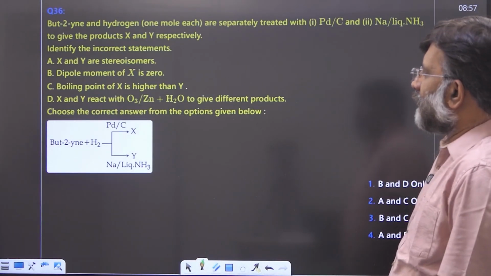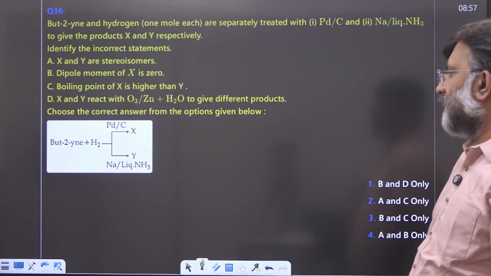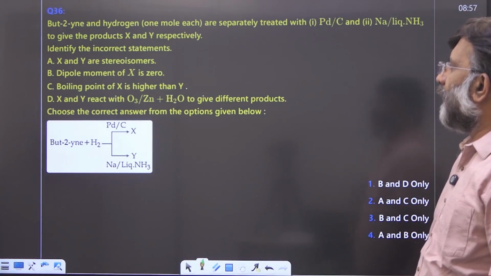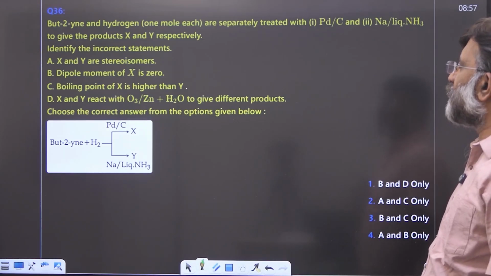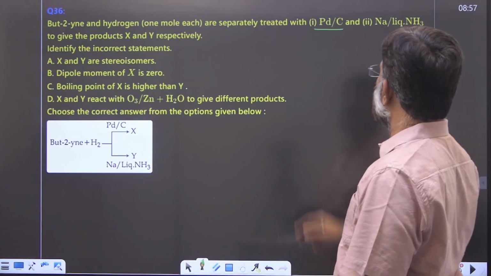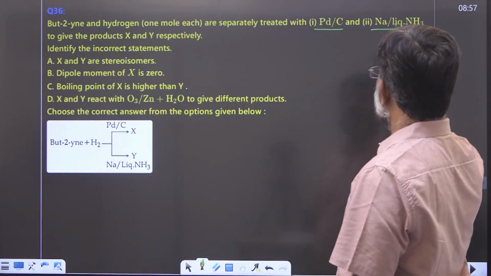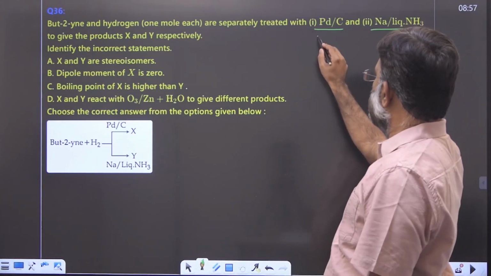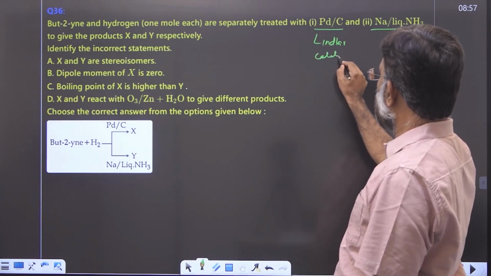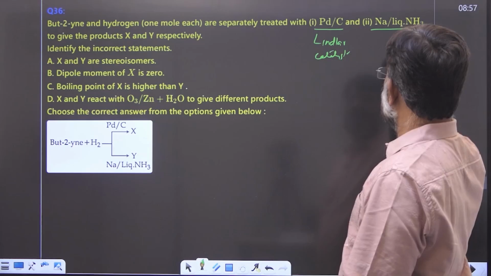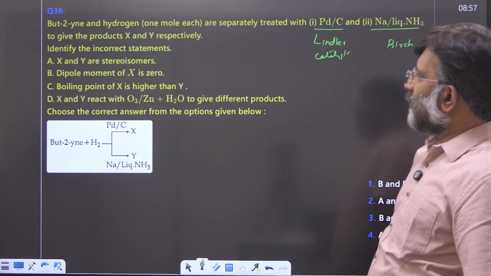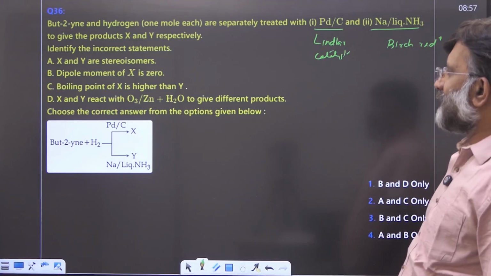Question number 36. Some statements are given and one reaction given. But-2-yne and hydrogen, 1 mole each, separately treated with palladized charcoal, which is Lindlar's catalyst, and sodium in liquid ammonia, the so-called Birch reduction, respectively getting products X and Y respectively.